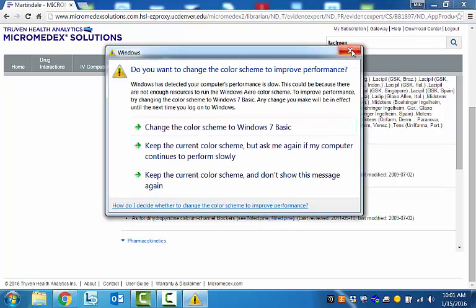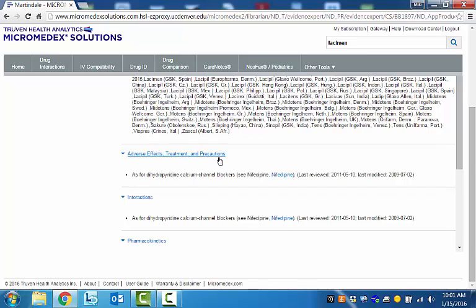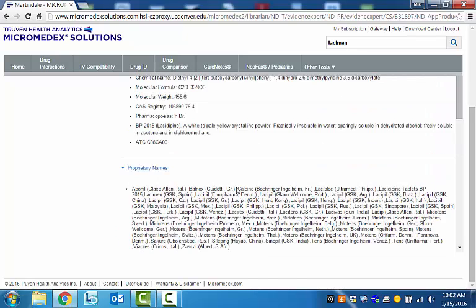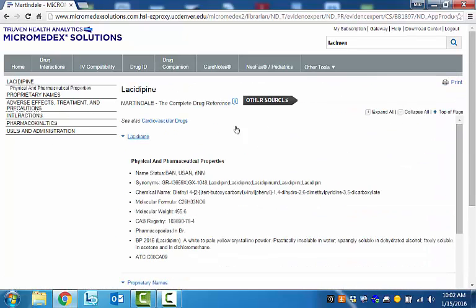So at least I can tell this physician that Lacomed is lacidipine and is a dihydropyridine calcium channel blocker like nifedipine. I do recommend you use Micromedex because it does contain Martindale's. Lexicomp also has international brand names in it, and you can certainly use Lexicomp if you do not have Micromedex available to you.